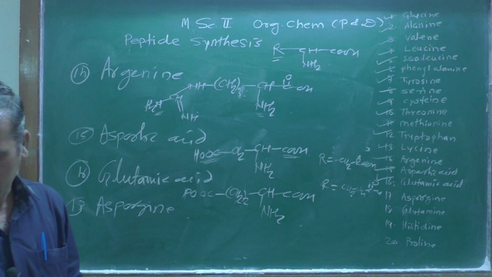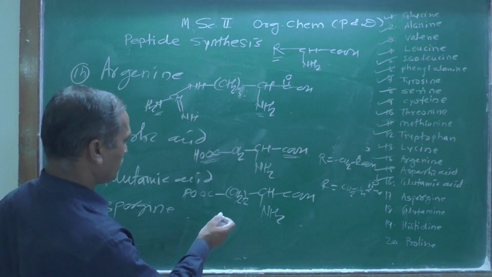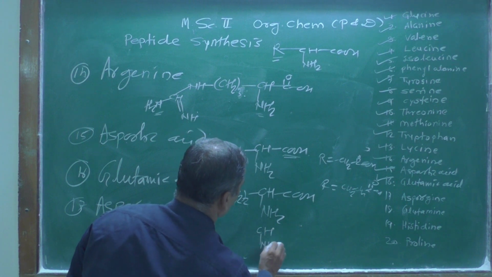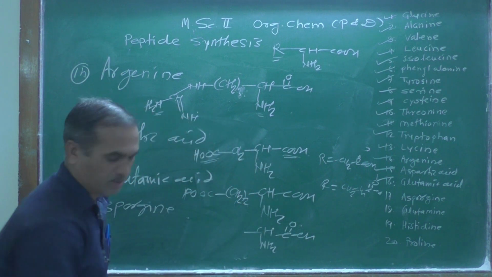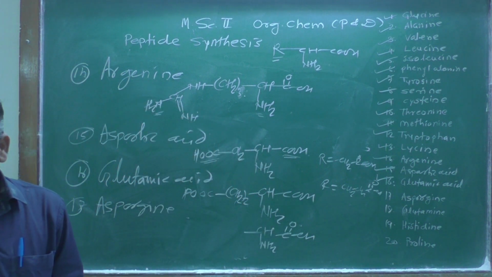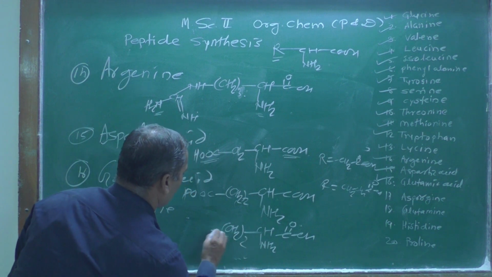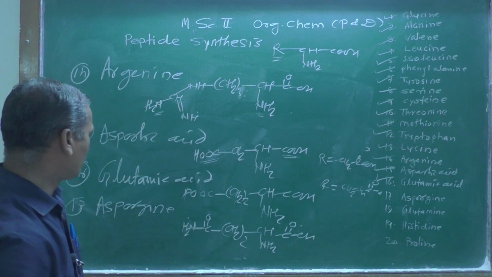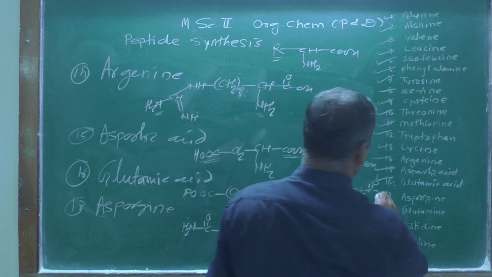It is neutral in nature, again CH, NH2, then C double bond OH, and here further attached with this CH2 twice attached to an amide, this one H2N, and that's why it is known as asparagine.